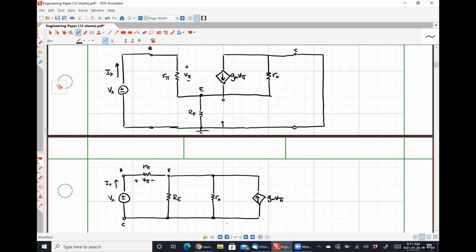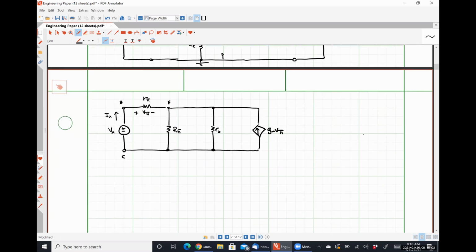So I can convert that into a voltage source in series with a single resistance, right? Does not matter that that current source is a dependent current source whatsoever, okay? So if I do a source transformation, what my circuit is going to look like is this.